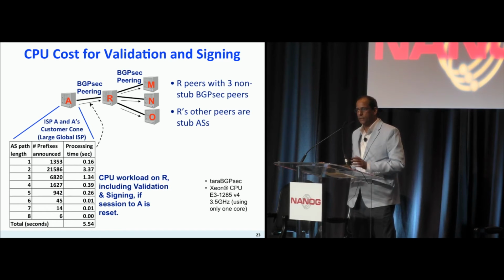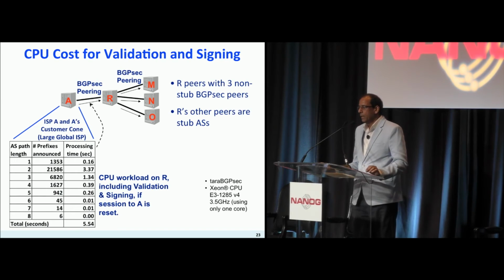And R may have multiple other peers, which could be stubs and not doing BGPsec, so that doesn't come into the picture here. So if the session between A and R goes down and comes back up, what is the reconvergence time at R? R has to receive 32,000 BGPsec signed updates, verify all of them, and it has to sign each one of them once towards each of the 3 peers M, N, and O.